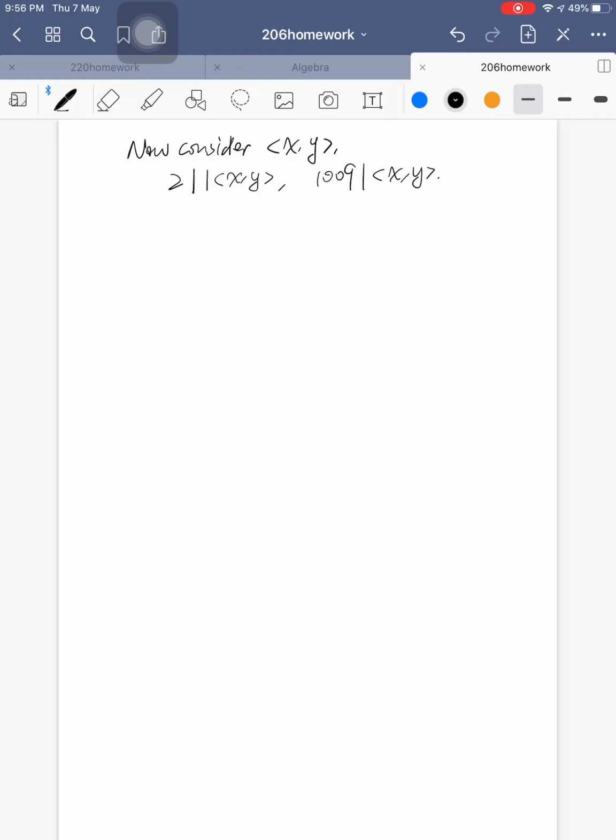And since this is a subgroup in G, it has order less than or equal to 2018. So actually it gives us that this subgroup has cardinality 2018, and so it is exactly our G.